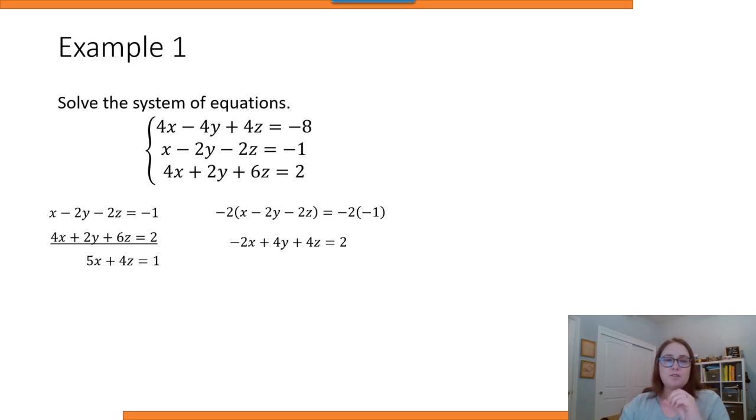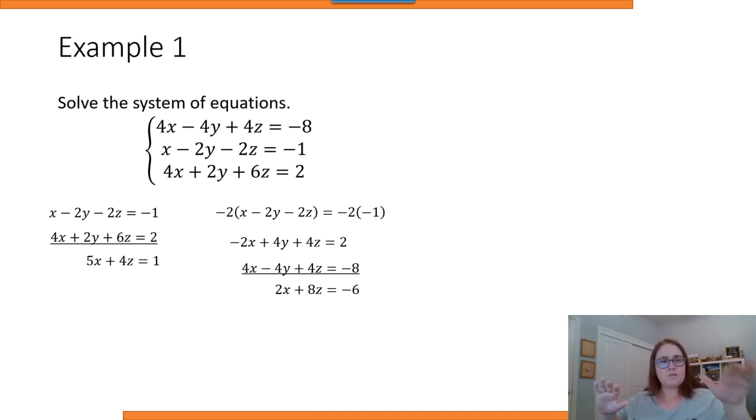You'll be ripping your hair out trying to figure out where you went wrong if you don't multiply these correctly. And then I add that to the first equation, 4x minus 4y plus 4z equals negative 8. So negative 2x plus 4x gives me 2x. The y's cancel, and 4z plus 4z equals 8z. Then on the right side of the equations, 2 minus 8 equals negative 6.